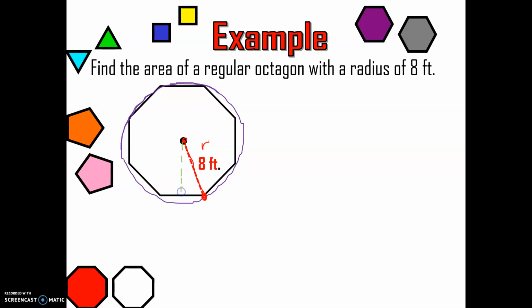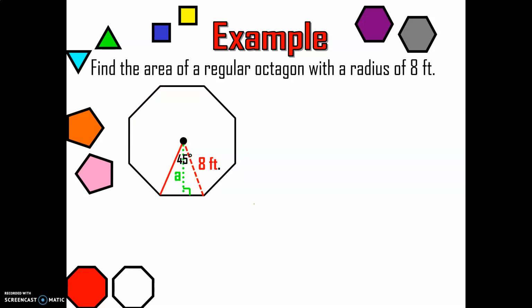So our apothem is perpendicular to the side, whereas our radius just extends and gets into the corner of that octagon there. The apothem is right at the midpoint of the side, and it's perpendicular to the side. And you'll notice it doesn't quite reach all the way to the circle. All right, so these are the type of problems that we're going to look at today.